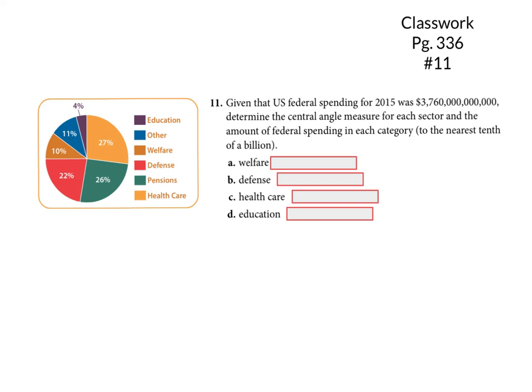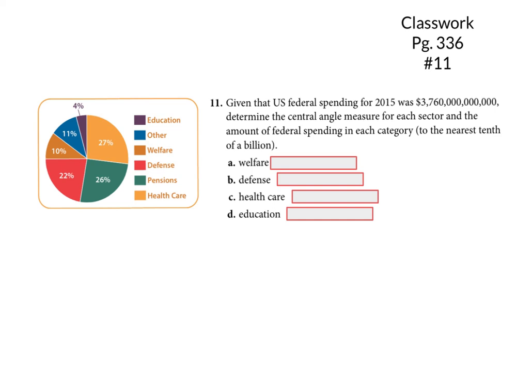They've divided it into education, other welfare, defense, pension, and health care. They've only chosen 4 of them, but they want you to give the angle measure and I believe the dollar amount for both of them. So you want the angle measure for those 4 and the dollar amount for those 4.